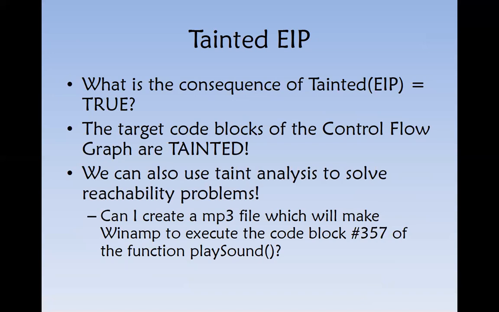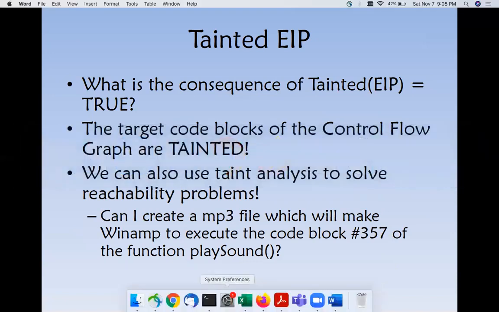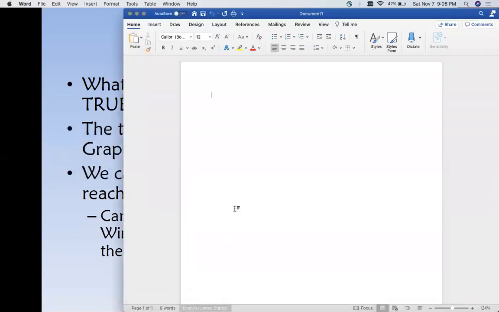A prototypical way to think about this is the following. Consider a program of the following sort. Let me open up a Word window and show you the following program. If x equals 0, do the true branch, else do the false branch.